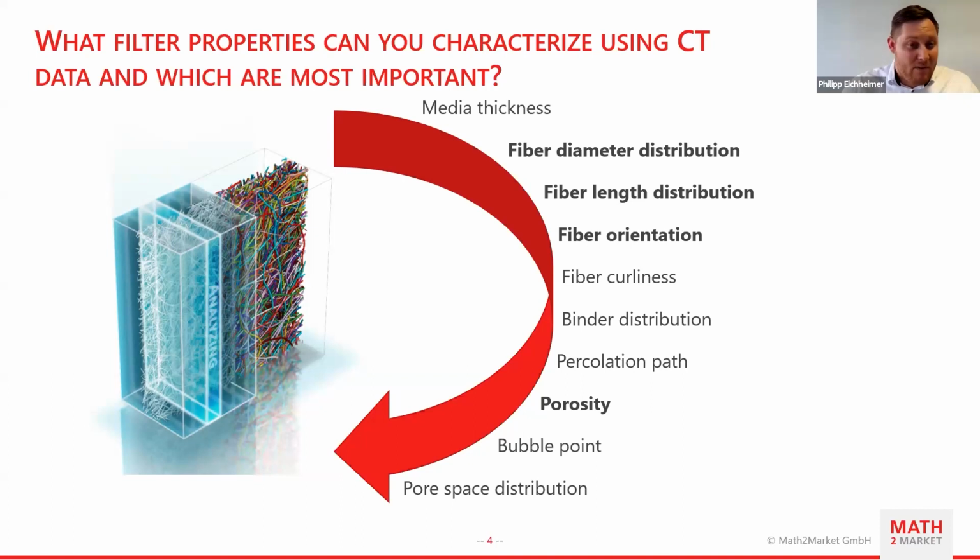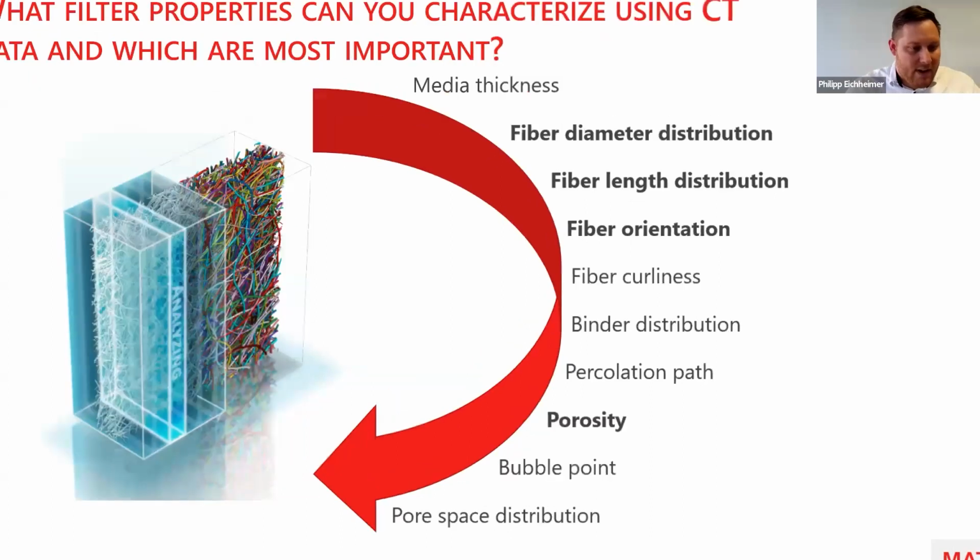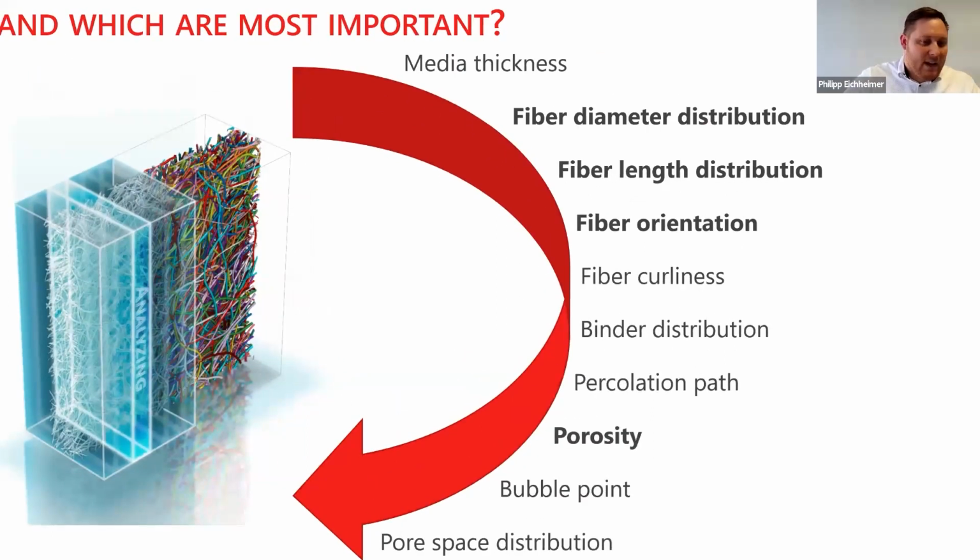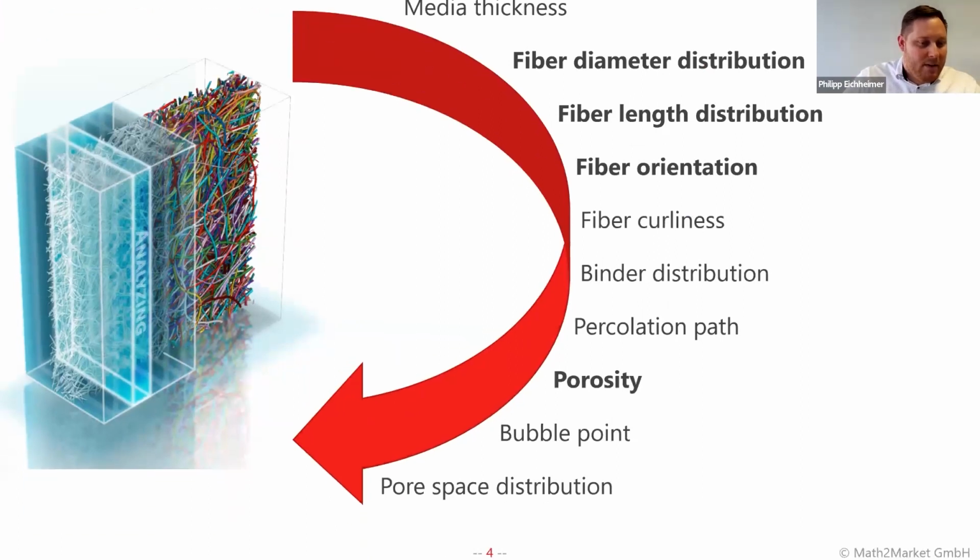For example, when you think of the fiber length distribution and the fiber curving several times through the elementary volume, this is not the way you would look at these fiber structures.